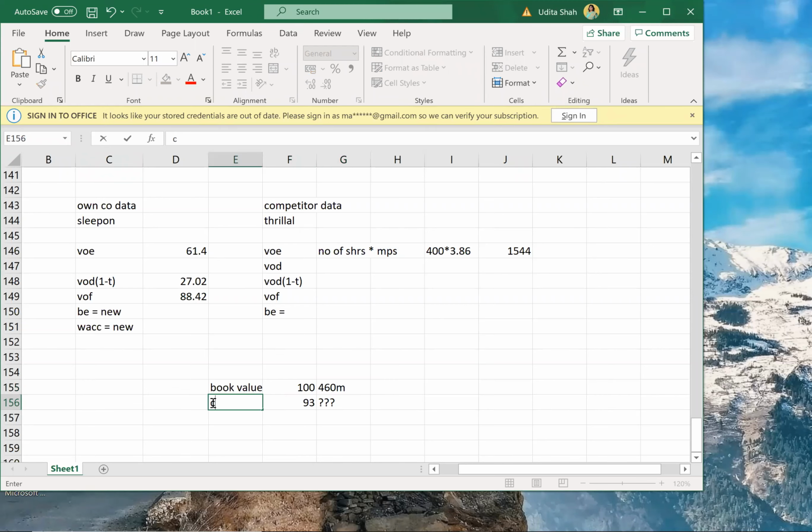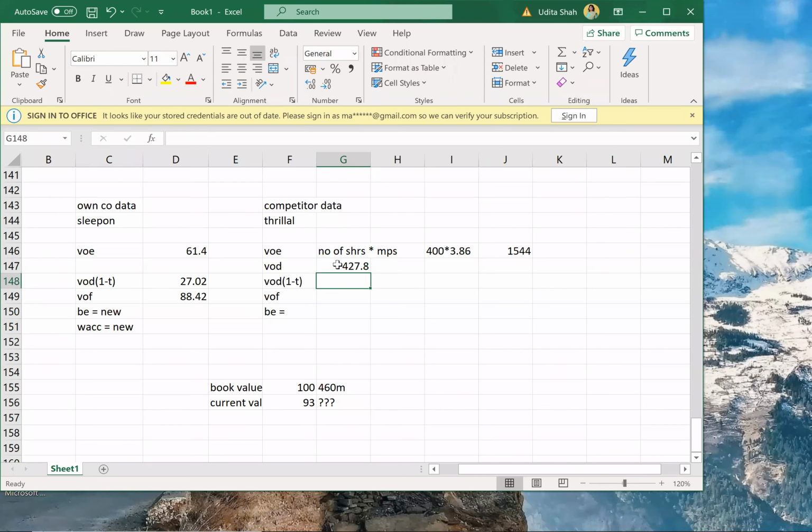But current value is 93, so value of debt will be 460 into 93 by 100. So 427.8. Take it as it is because it is in millions.